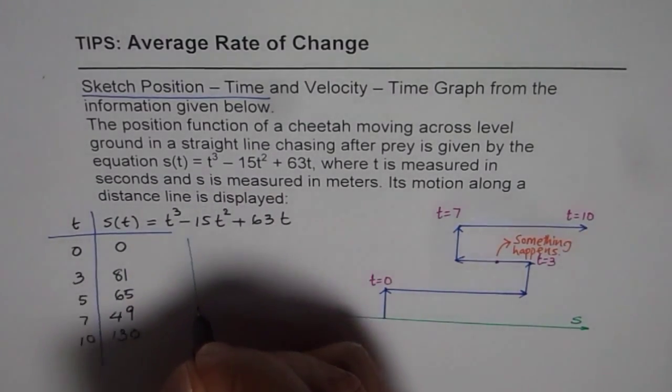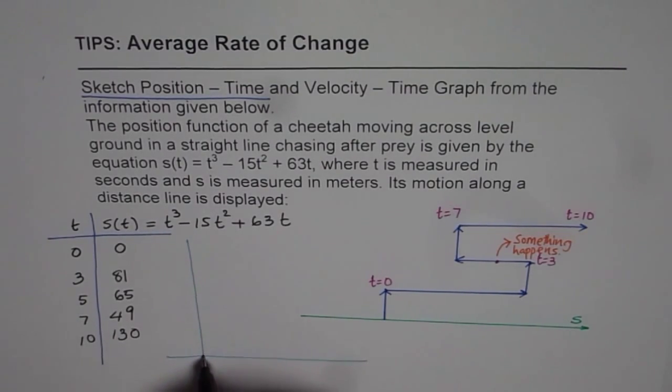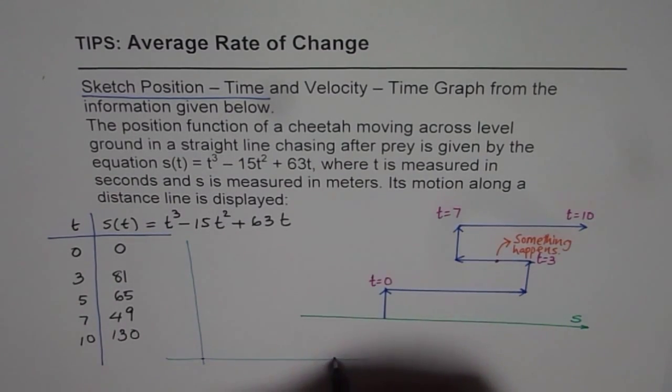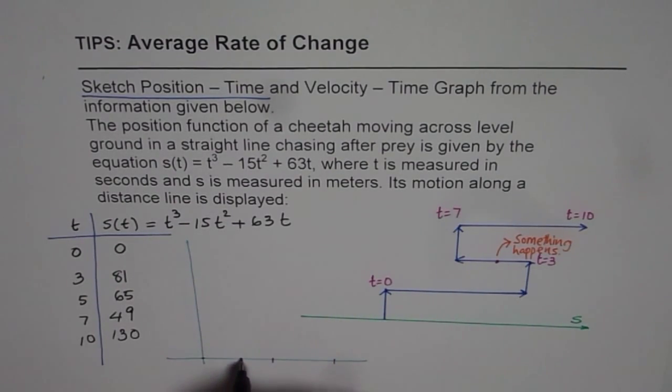So let me make the coordinate axis here, and the critical points for us, as you can see, are 0, which is 0. Then we have 3, 5, 7, 10. Let's say this is our 10, and then this will be 5. And let us say this is 3, and this is 7.